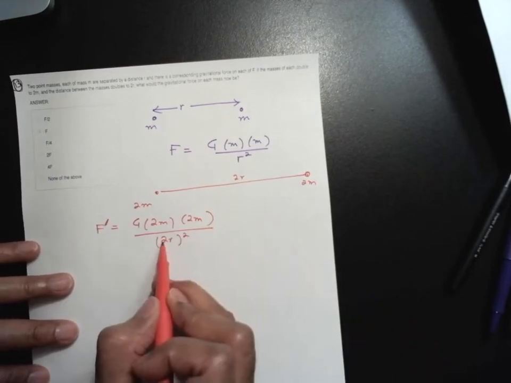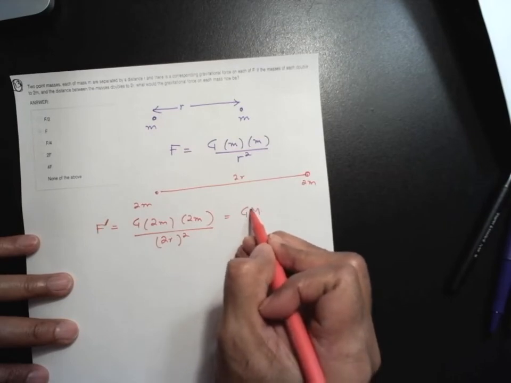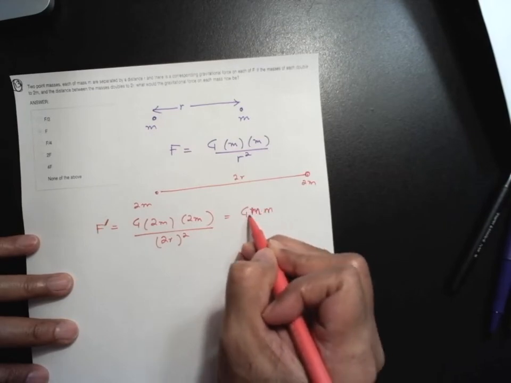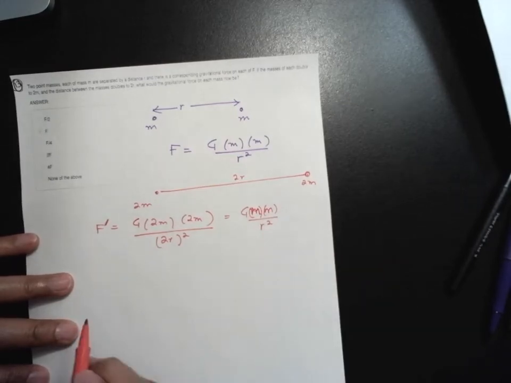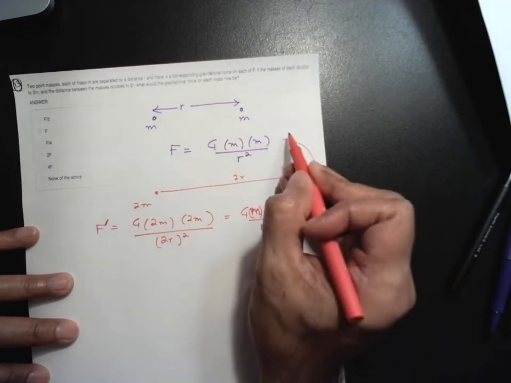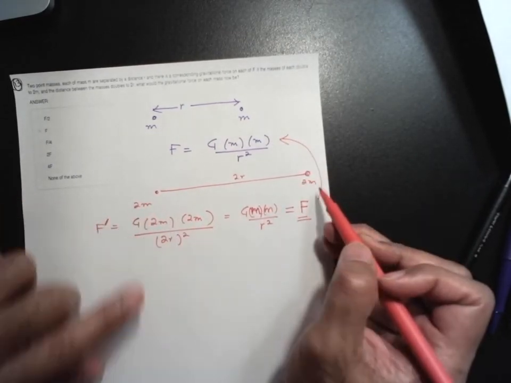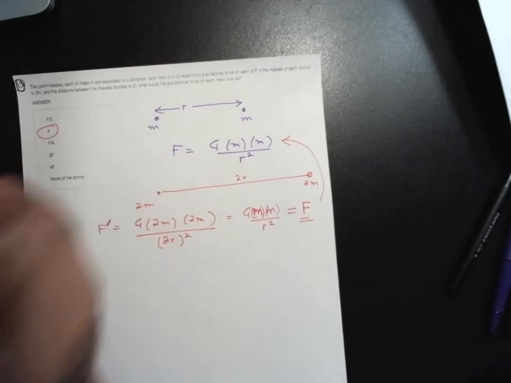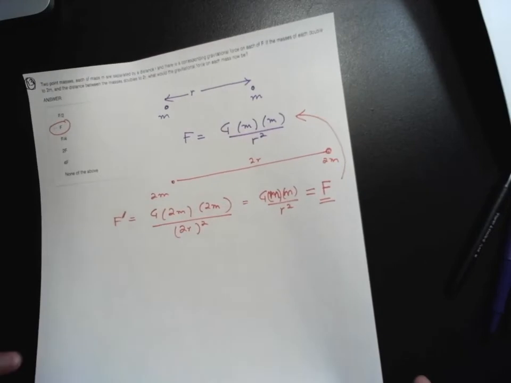And you'll notice that the 2 squared is 4, cancels this, so you get back that. So actually this works out to be the same as this force. So when you double the masses and double the distance, it works out that you get the same force. So that wasn't too bad, right?